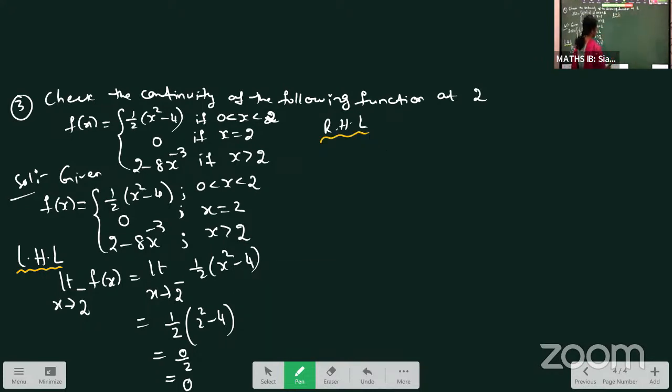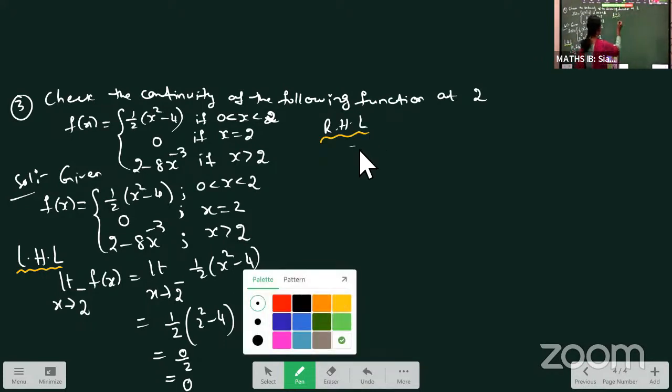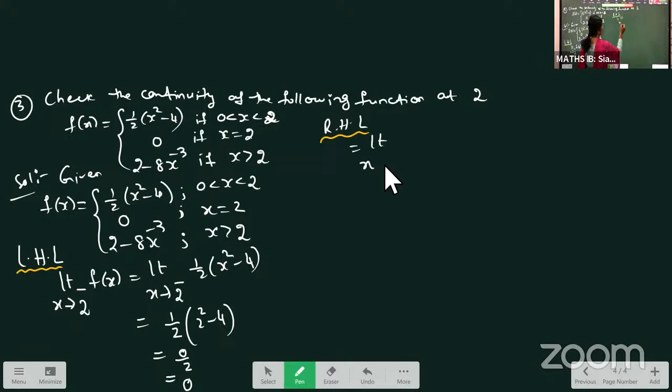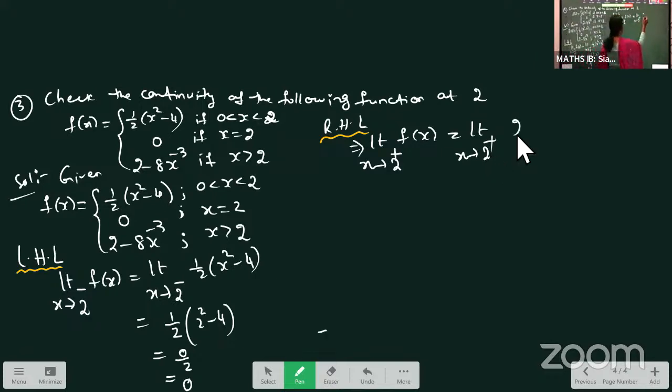So right hand limit means how the limit changes. Limit x tends to 2 plus f of x. So that is limit x tends to 2 plus. 2 plus means when x is more than 2. 2 minus 8x to the power minus 3.